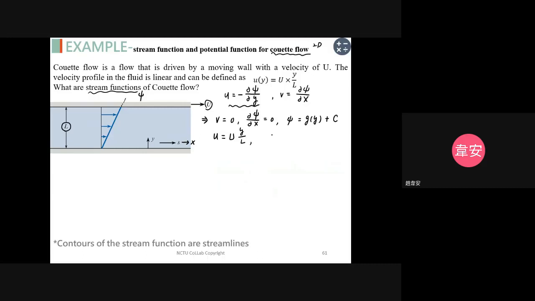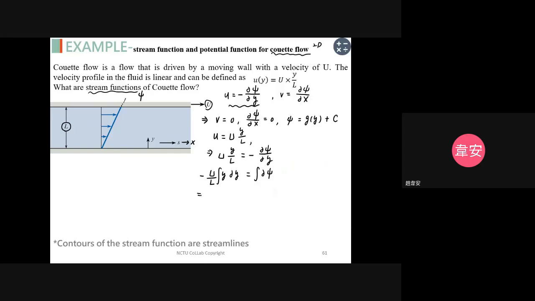So we know that u = -∂ψ/∂y. We move the dy item to the left-hand side, so there is u dy with the minus also, and on the right-hand side we only have dψ, and we proceed with the integration on both sides.